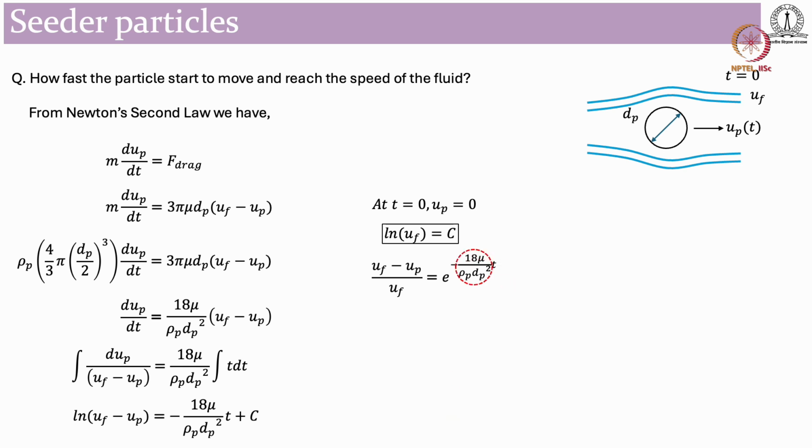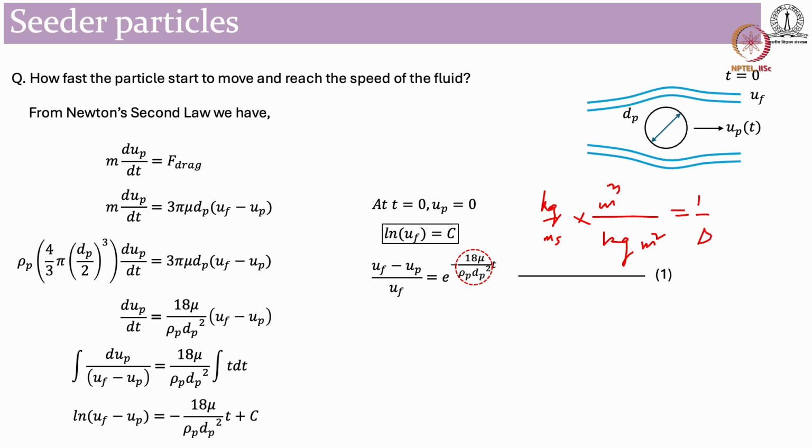Now if you actually see, this term is basically nothing. If you write the units of this term, you get something like kg per m s, this is the dynamic viscosity, multiplied by a rho term, which is kg per meter cube, and you have this diameter square, and if you actually cancel the terms, you get a time inverse term.